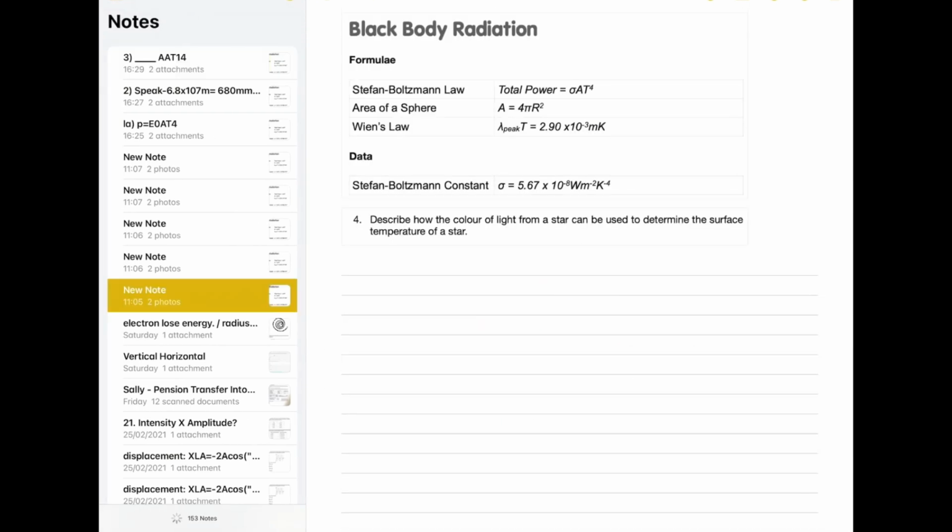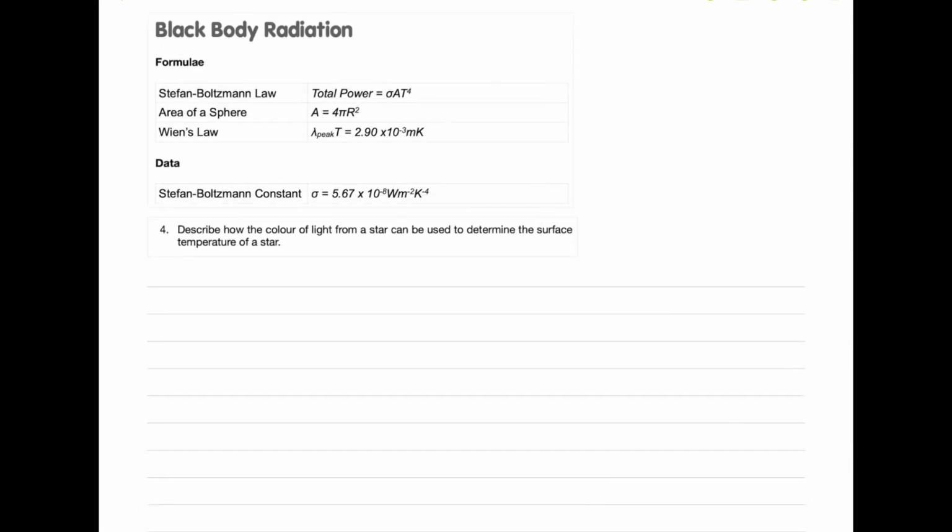Question 4. Describe how the colour of light from a star can be used to determine the surface temperature of a star. So each colour has an associated wavelength.